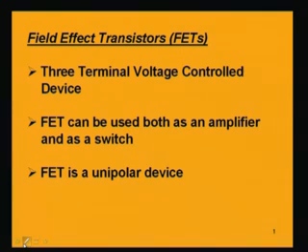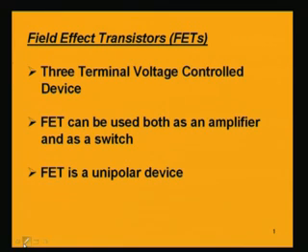In the BJT we have earlier seen that it is a current control device, but the FET is a device which is voltage control, and like a BJT, the FET can also be used as an amplifier and as a switch.